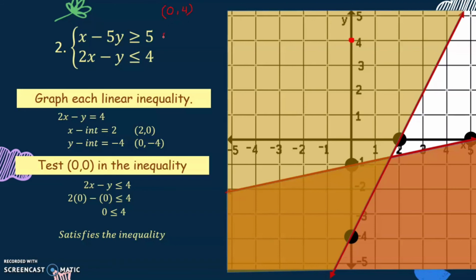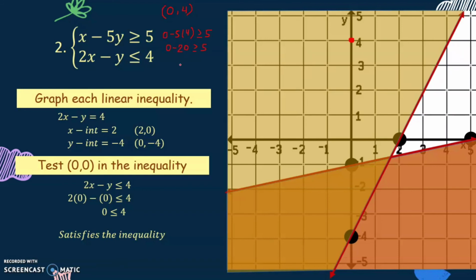So x is 0 minus 5 times the value of y, which is 4, is greater than or equal to 5. Negative 5 times 4 is negative 20. Must be greater than or equal to 5.